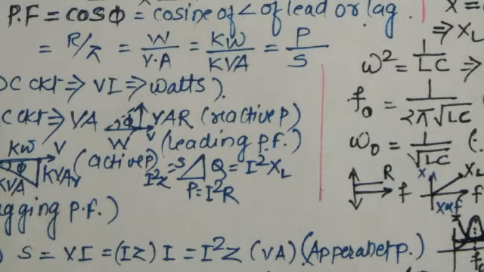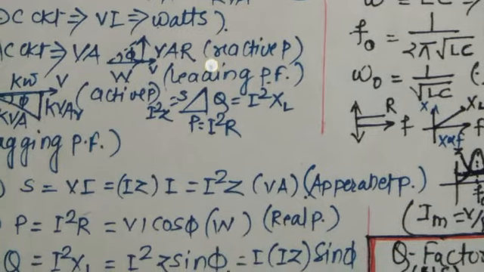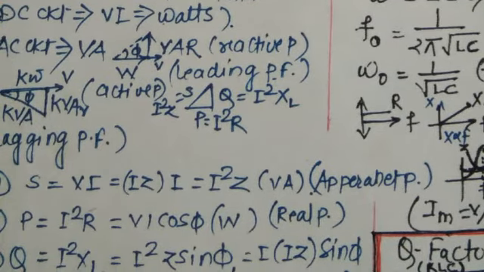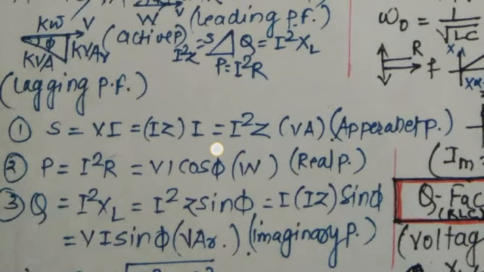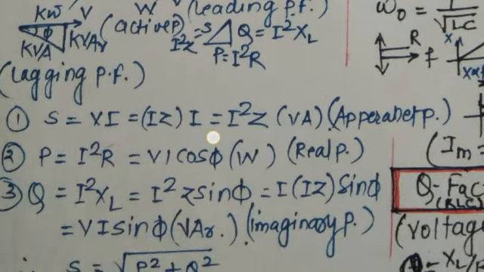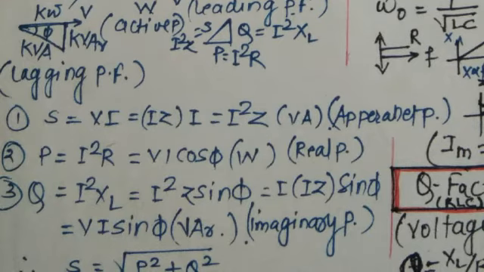In AC circuits, VA is apparent power, and from this phasor diagram you can see watt and VAR. So kW, kVA and kVAR. Reactive power is kVAR, active power is kW and apparent power is kVA.